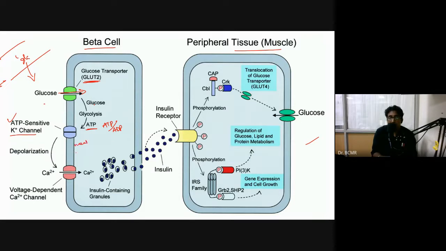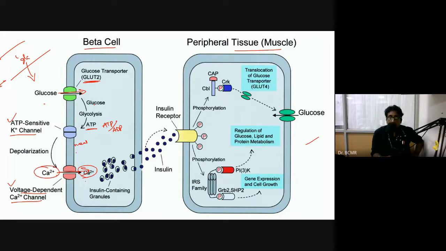Membrane depolarization occurs, and the voltage that is generated triggers a voltage-gated calcium channel, because of which the calcium present on the extracellular side will now go into the intracellular side.